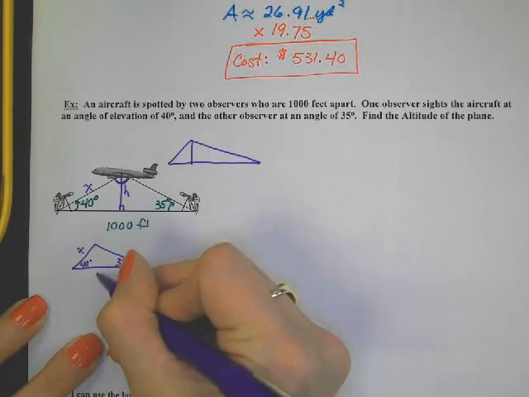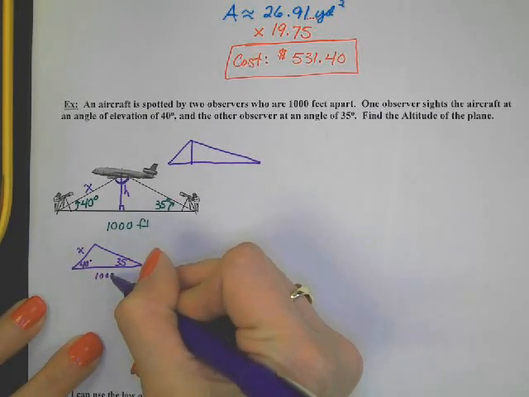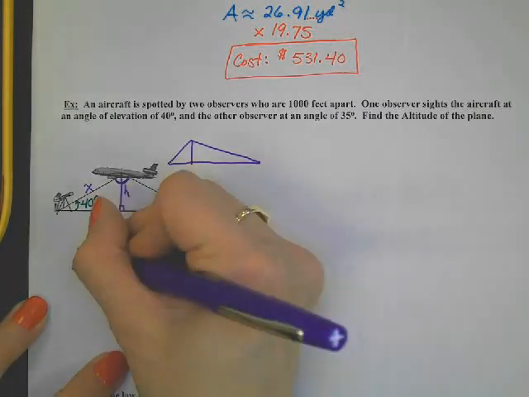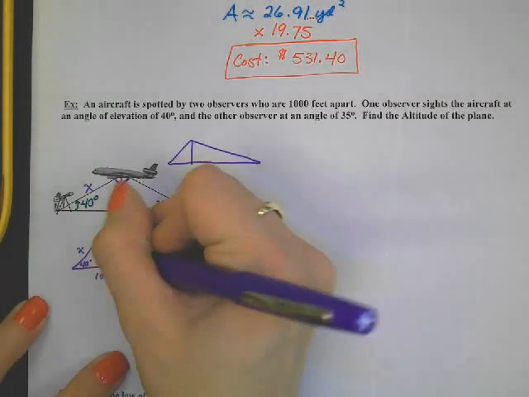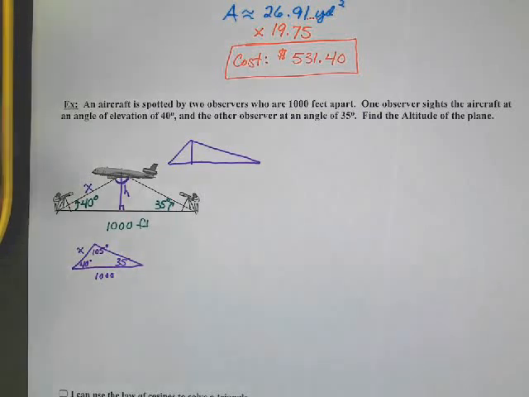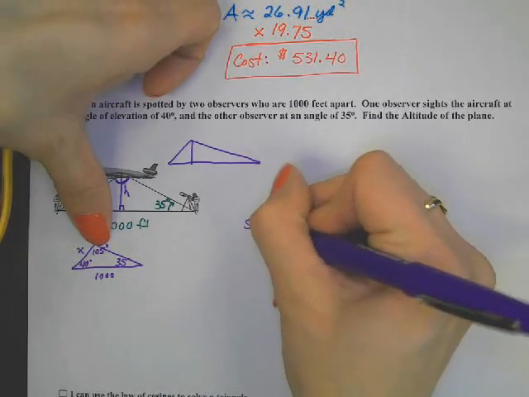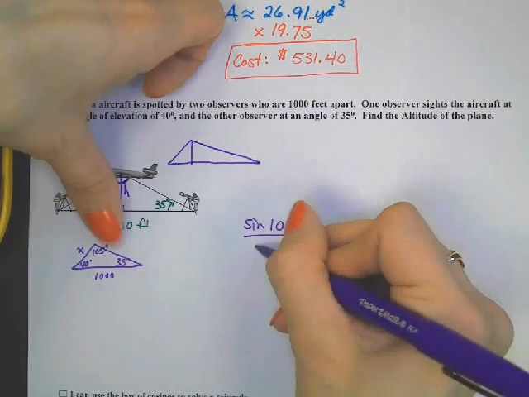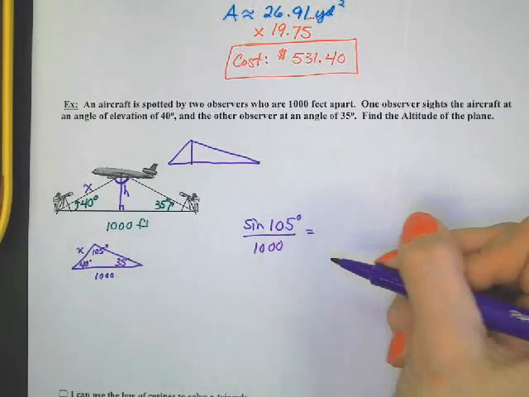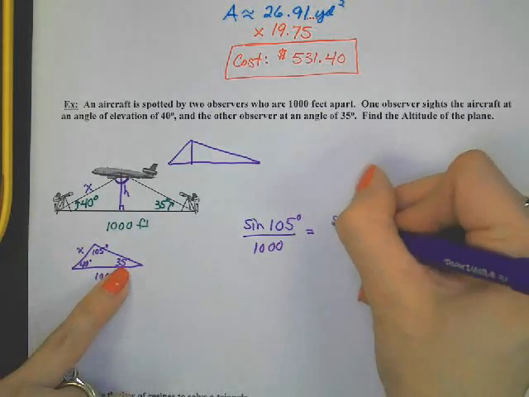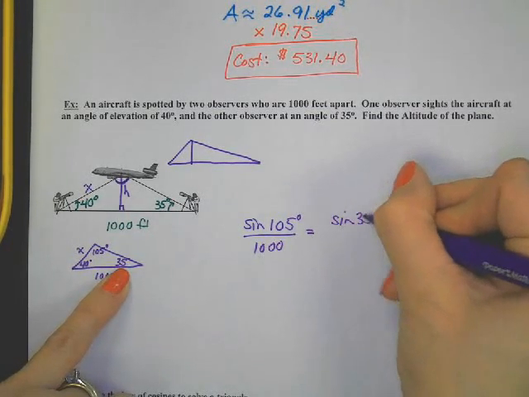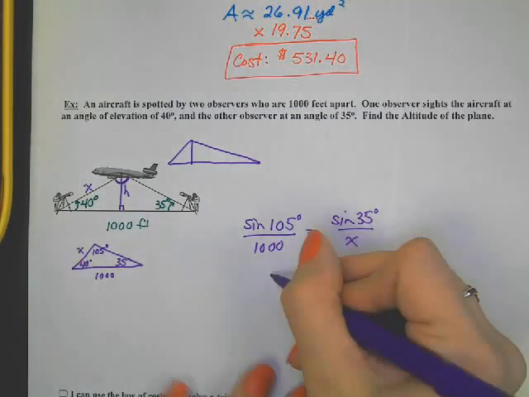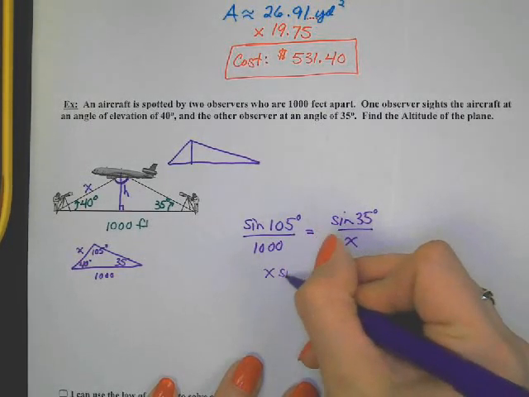I know 35. I know 1,000. Let's find the missing angle in that triangle. That's 105 degrees. So now we could do the law of sines. Sine of 105 goes with 1,000 equals, now we're going for x, so let's do sine of 35 degrees goes with x. Okay, let's go ahead and cross multiply here.